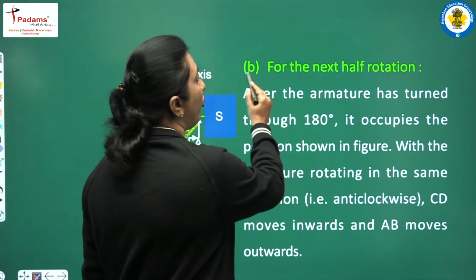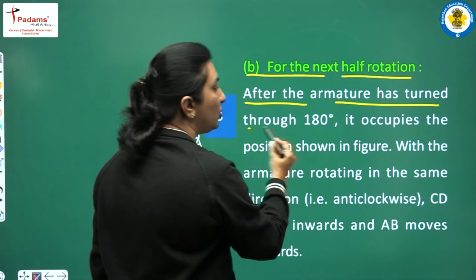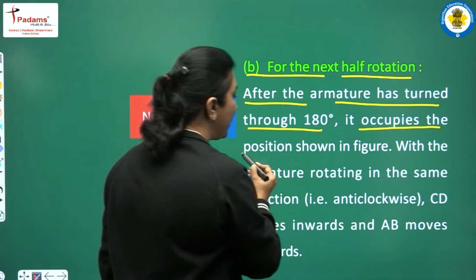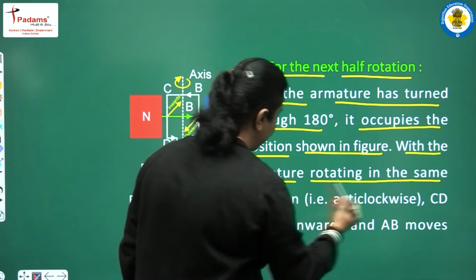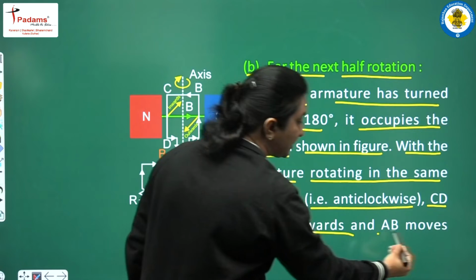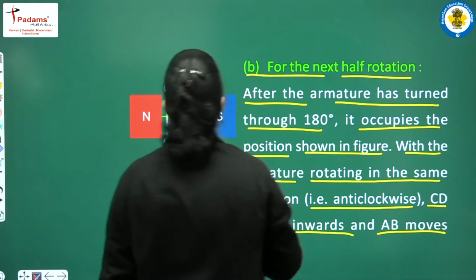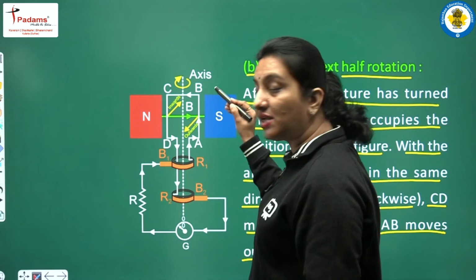So students, for the next half rotation, after the armature has turned through 180 degrees, it occupies the position shown in the figure, with the armature rotating in the same direction, that is anti-clockwise. CD moves inwards and AB moves outwards. Now the arm CD is on this side, arm AB is on this side.